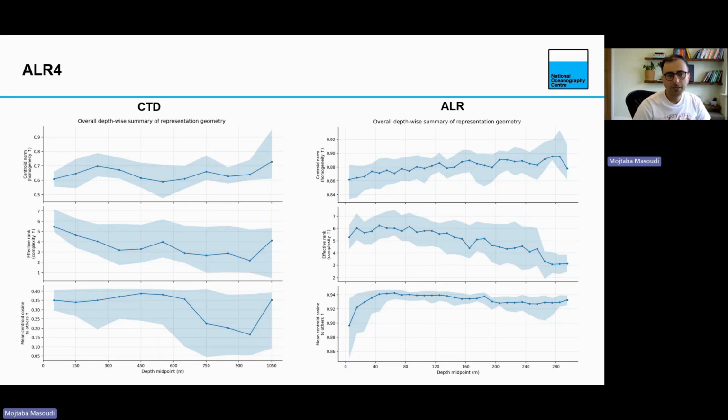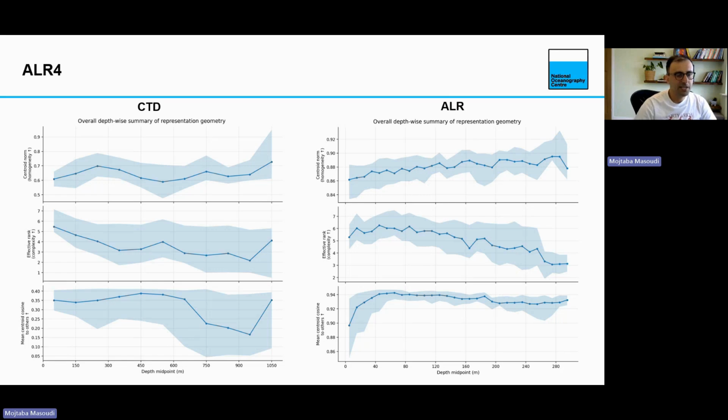We realize the homogeneity of the data from the surface down, for example for the ALR 280 depth profiling, is increasing. It means the homogeneity is increasing, but the complexity decreased from the surface downward. But the overall structure doesn't look like it's changing in the ALR data.